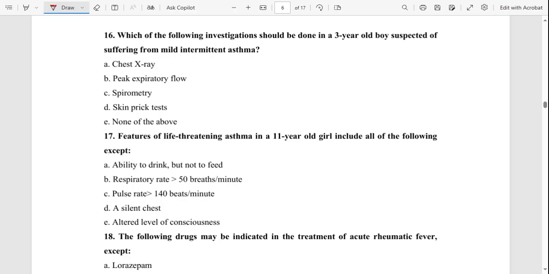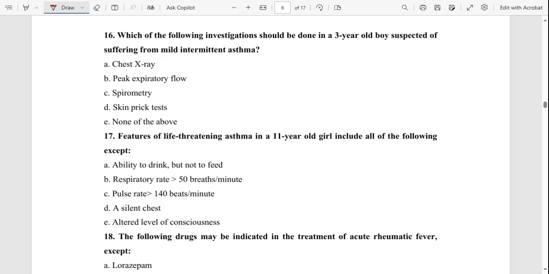So it might be unnecessary. For the skin prick, you just use it to identify a specific allergen that is triggering the asthma symptoms, right? So they are not really there to diagnose the condition.